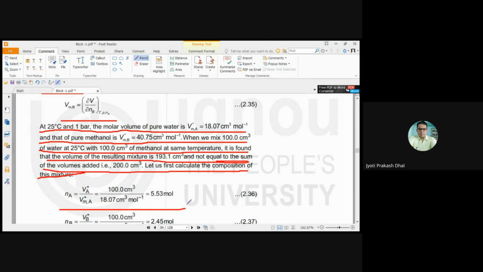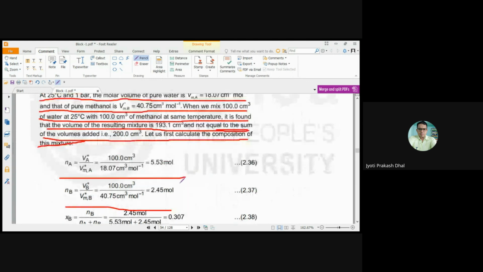Hence, as the interaction of water and methanol molecules is more than the individual interactions, the total volume of the resulting mixture decreases. It is not 200 ml, it becomes 193.1 ml.